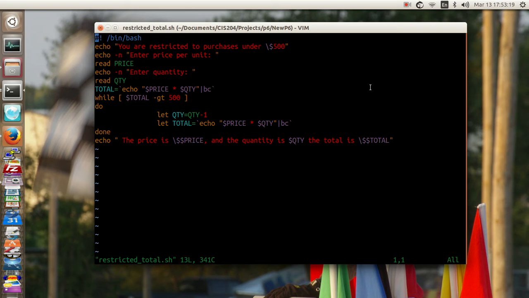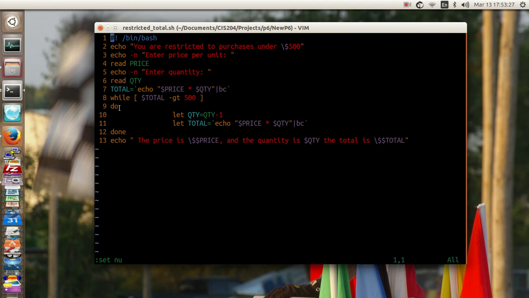Hey, we've been there before, right? Let me set the numbers here, and you can see. Line 11 resets the total, which is set in line number 7, and it does that until it gets the total below $500.